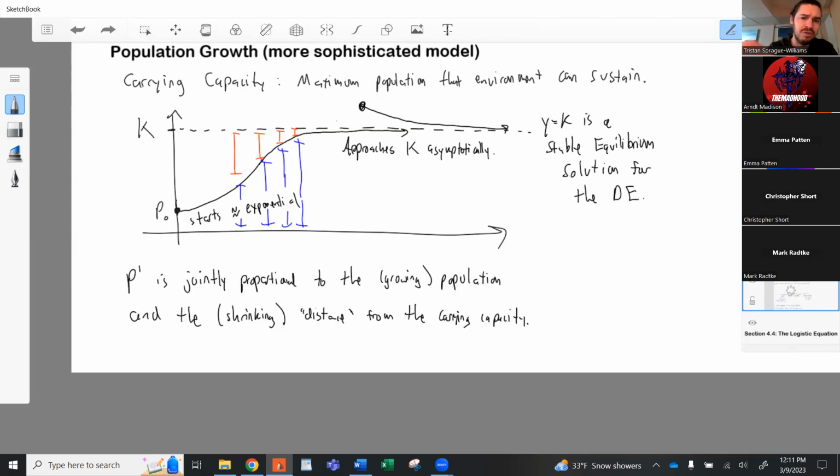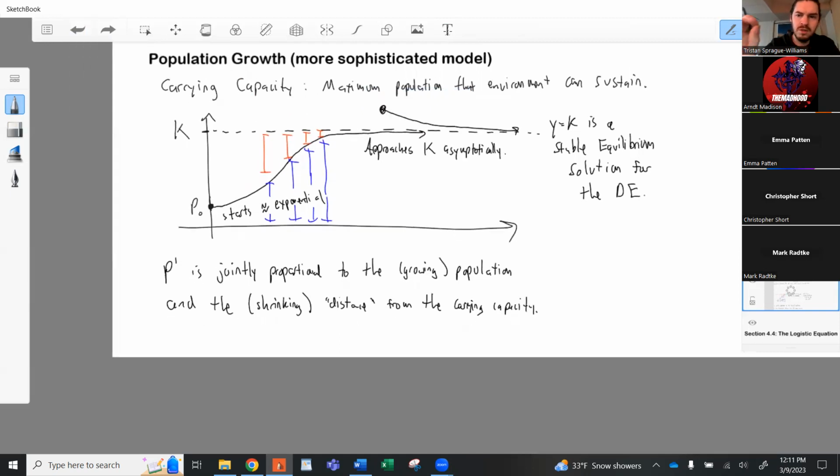And as it gets closer to carrying capacity, it's going to start leveling off, because that thing which is close to zero is going to be more dominant. Okay, there's a little bit of a caveat here, which is that the distance from carrying capacity is represented as a percent.